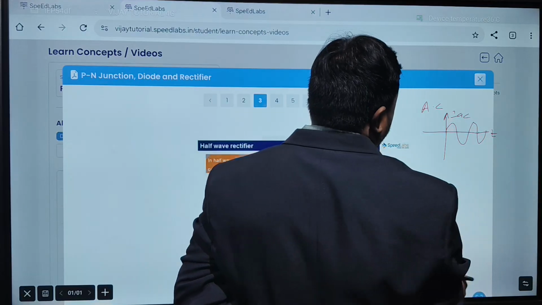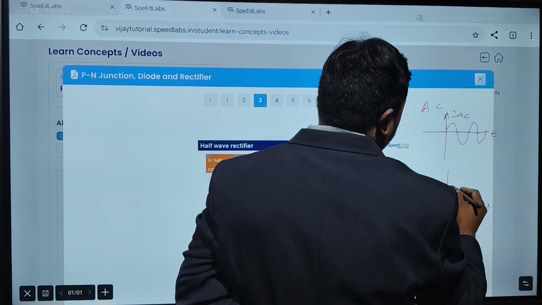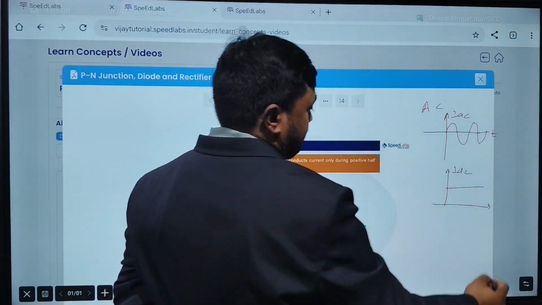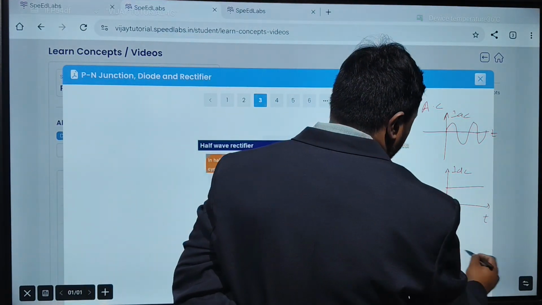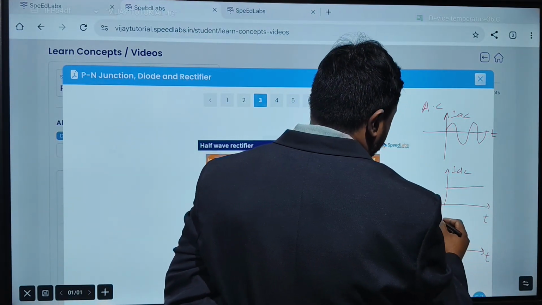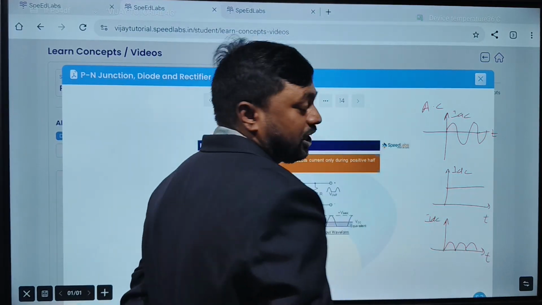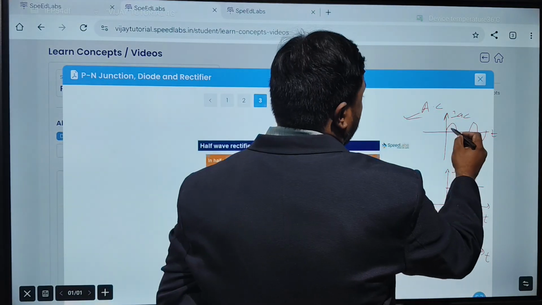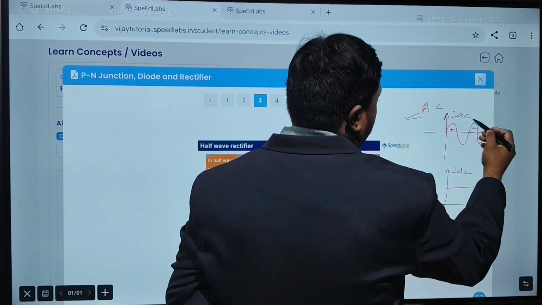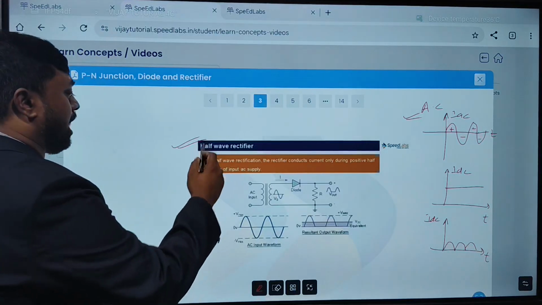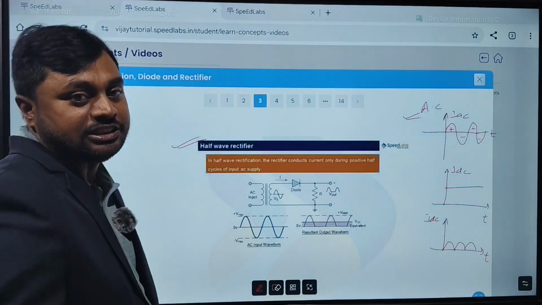IDC will flow in one direction only. This is a direct current which is flowing in one direction only, but alternating current flows in both cycles, plus and minus. Correct or not? So what is the rectifier doing? The rectifier will convert AC to DC.